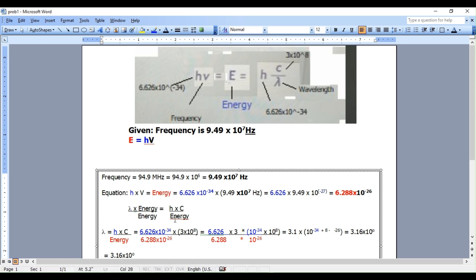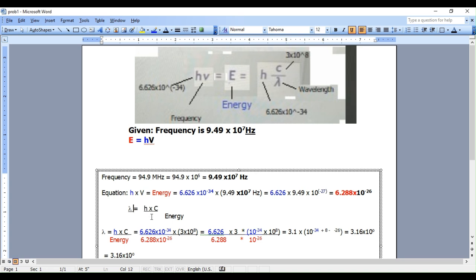Okay. I misspelled that, didn't I? Energy. Let me just type it over. Energy. So it's going to cancel out on the left here. So let me just cancel it out now. Cancel on top two because it crossed out.